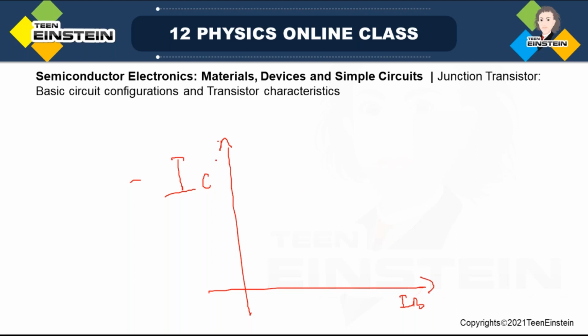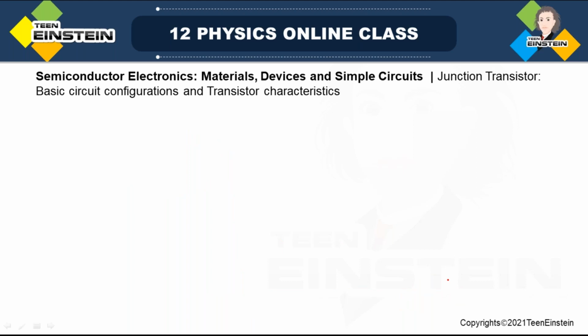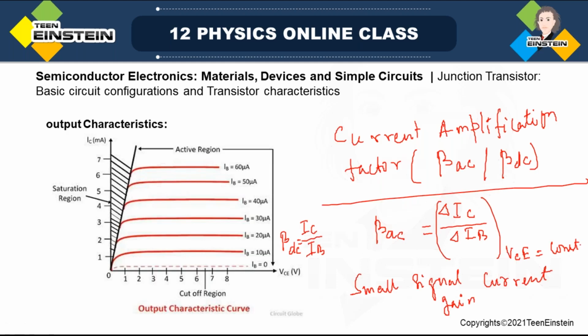Not only current, you can even do it with voltage, output voltage with respect to input voltage. And we'll see how a transistor can be used as a switch first in the CE configuration, and thereafter we'll see how the CE configuration of an NPN transistor can be used as an amplifier. Those things we'll learn back to back.